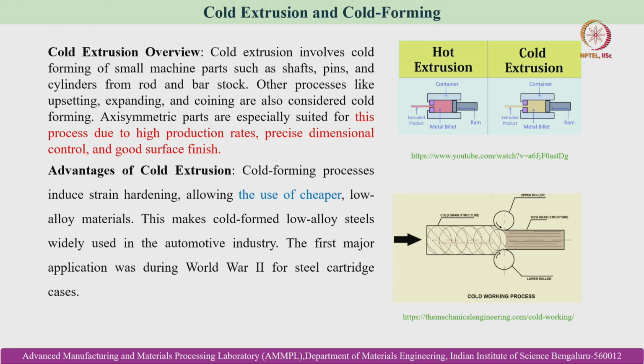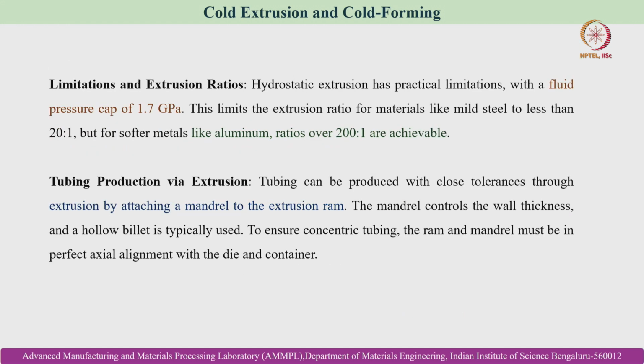Okay. So, moving ahead, the limitations and extrusion ratios. Hydrostatic extrusion has practical limitations with a fluid pressure cap of 1.7 GPa. This limits the extrusion ratio for materials like mild steel to less than 20:1. But for softer materials like aluminum, ratios over 200:1 are achievable.